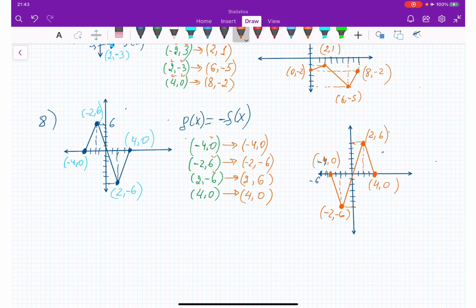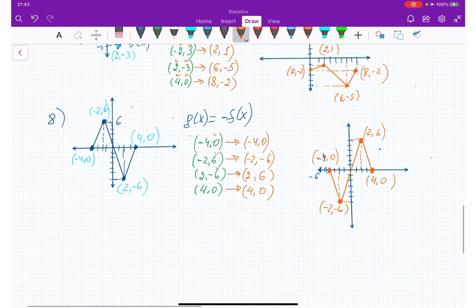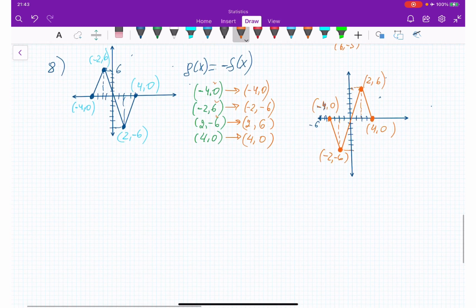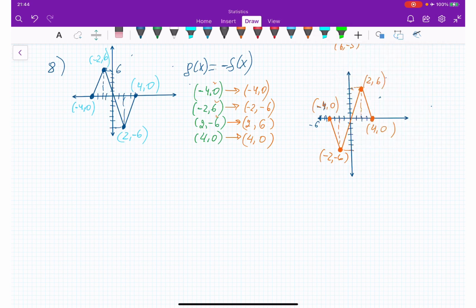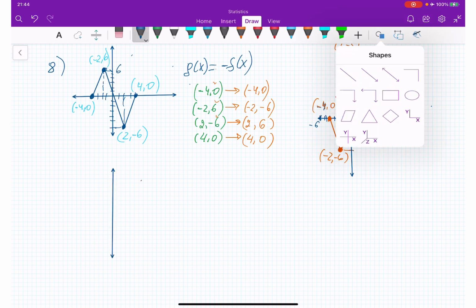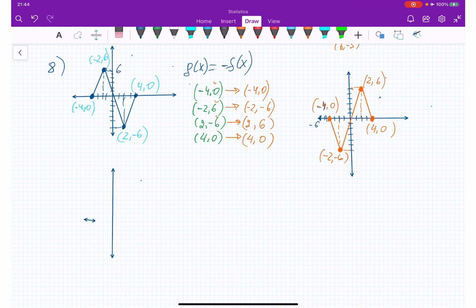Question number 9. All right. In this example, it's going to be difficult for me to graph precisely because it's going to be a parabola.